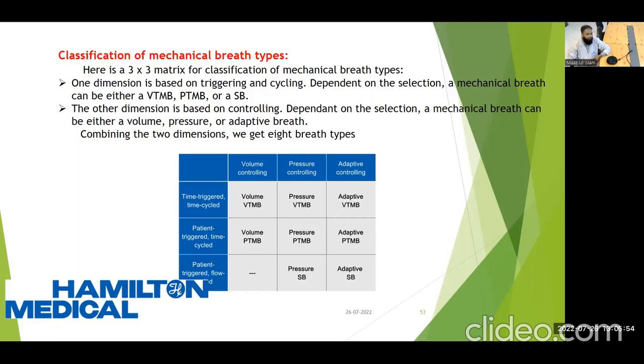This is known as volume PTMB, patient triggered mandatory breath. In patient triggered, flow cycled, we have no volume controlling option. Also in pressure controlling, this is a pressure VTMB, pressure PTMB, pressure response breath, and so on.